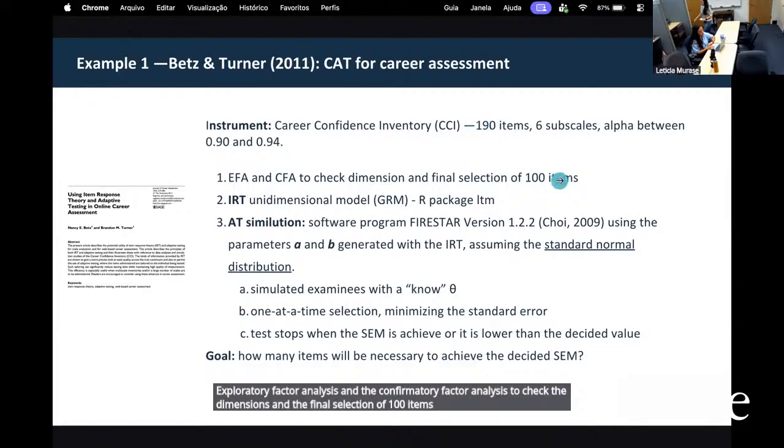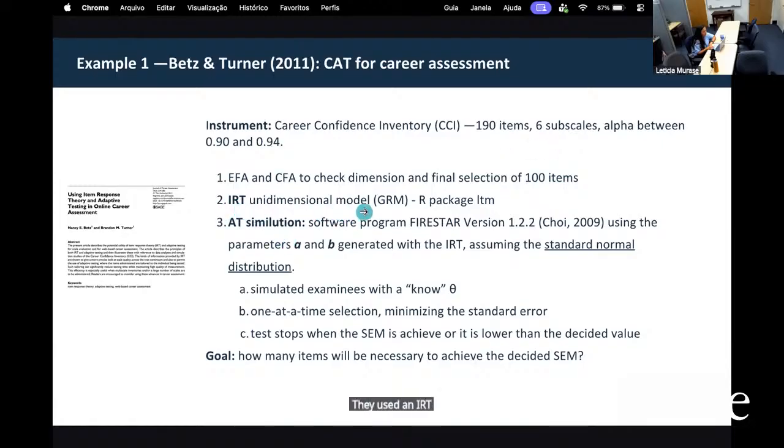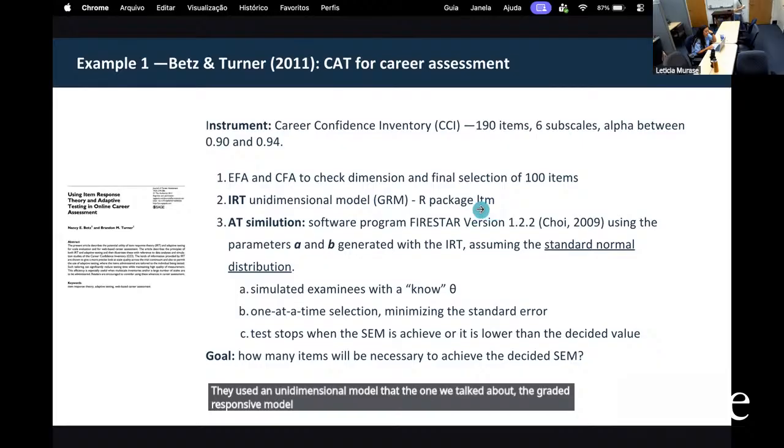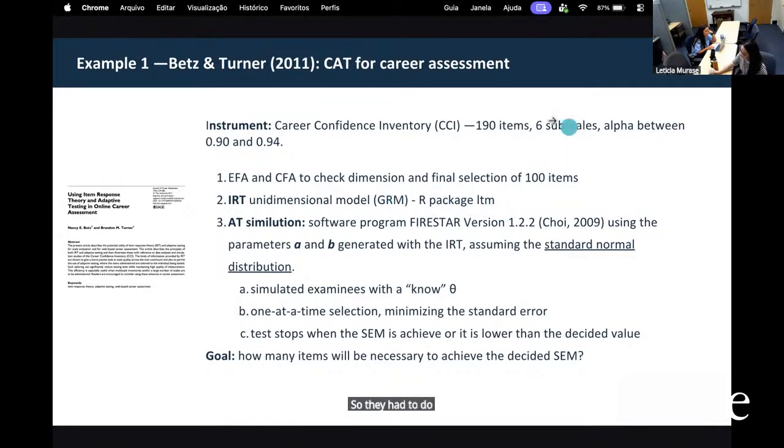So here they dropped 9 items, but they kept the 6 subscales. They used an IRT unidimensional model, the graded response model we talked about, and the R package they used was ltm. They had to do this for each of the subscales, okay? It's not one test for the 6, it's one test for each subscale.